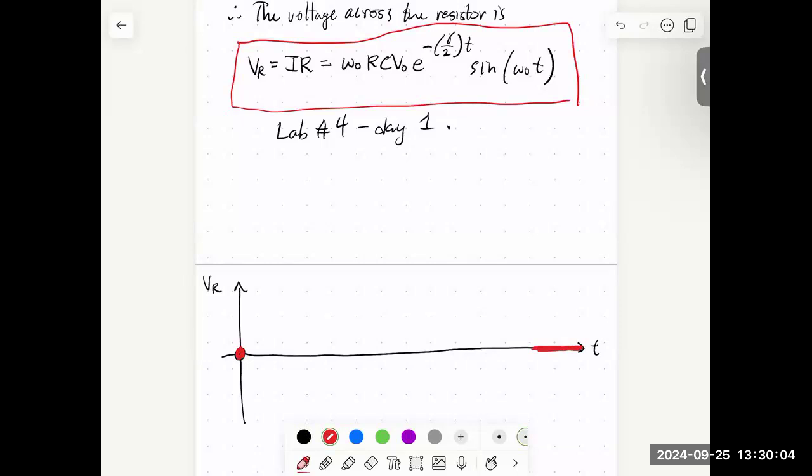And then obviously there's going to be some oscillations because of the sine function, and the amplitude is going to be exponentially decaying because of e to the minus gamma over 2 times t. And so what that ends up looking like is something like this.